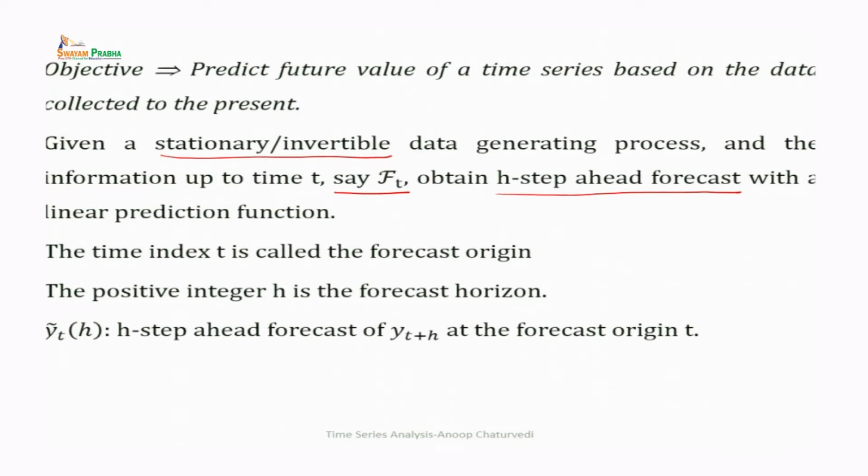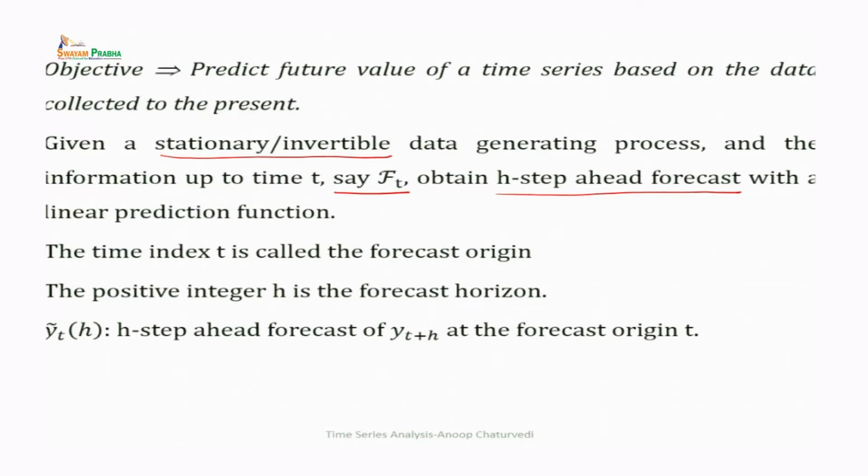Suppose you have the time series up to the present, say you are at time t. So, you have observations y_1, y_2, ..., y_t. This information constitutes your F_t, and you want to forecast the h step ahead value, which means you want to predict the value of y_(t+h).